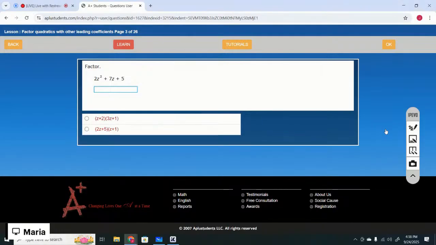That is z plus 1 and 2z plus 5. Option number 2 is the correct option.